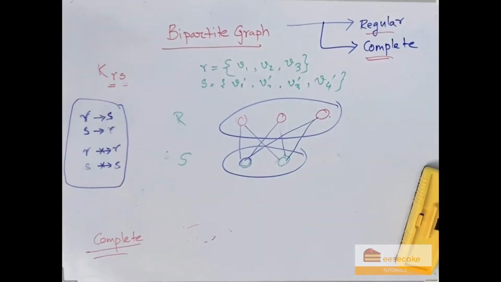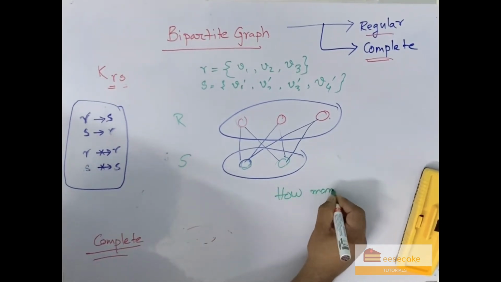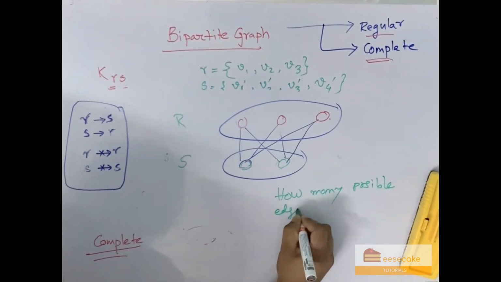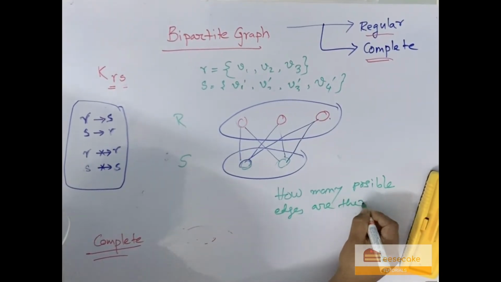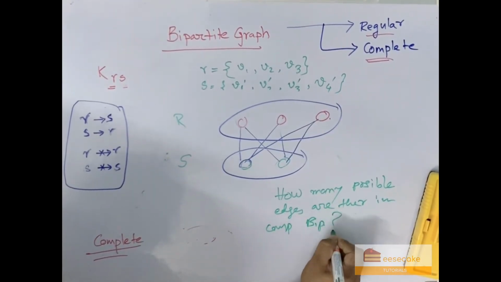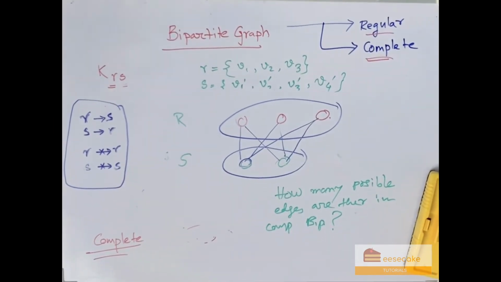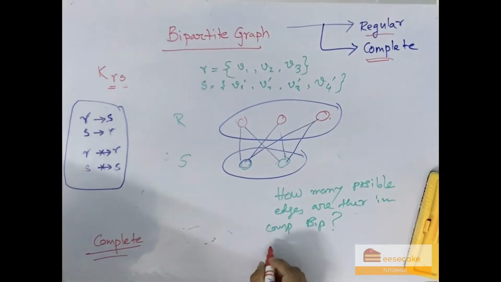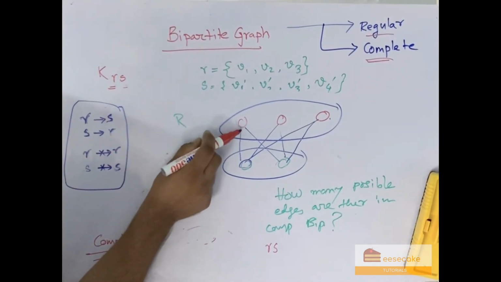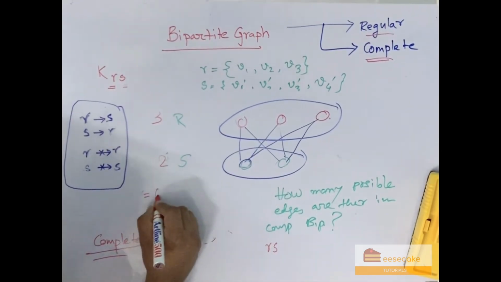So if a question is asked, how many possible edges are there in a complete bipartite graph, the answer is |R| times |S|. If you see, this is 3 and this is 2, so there will be 6 possible edges.